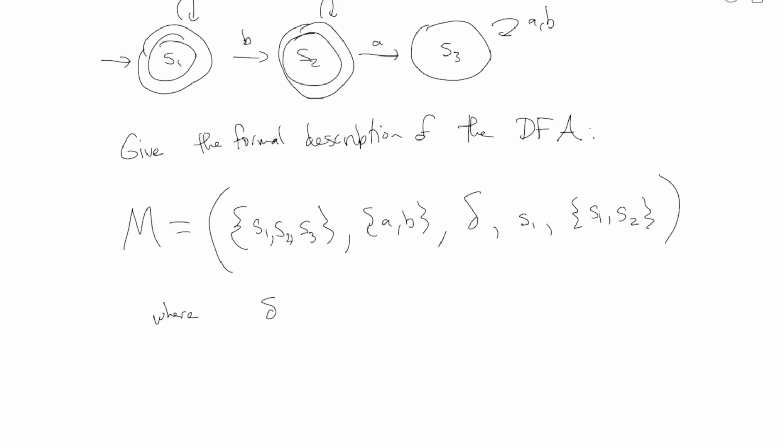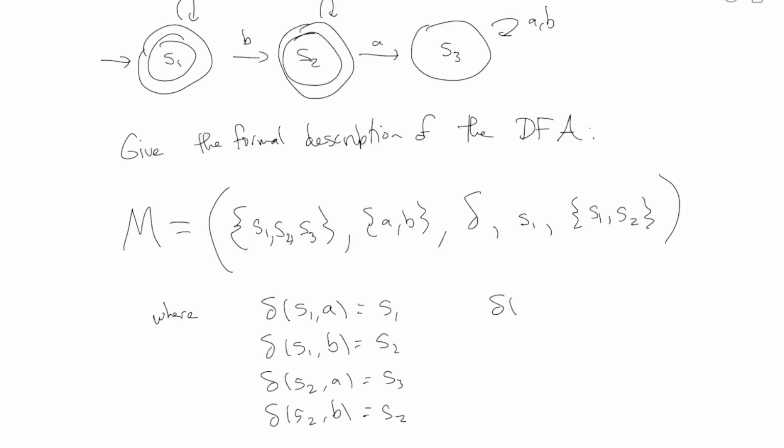And then where delta of S1A equals S1, delta of S1B equals S2, delta of S2A equals S3, delta of S2B equals S2, delta of S3A equals S3, delta of S3B equals S3. The end. This is the formal description of the DFA.